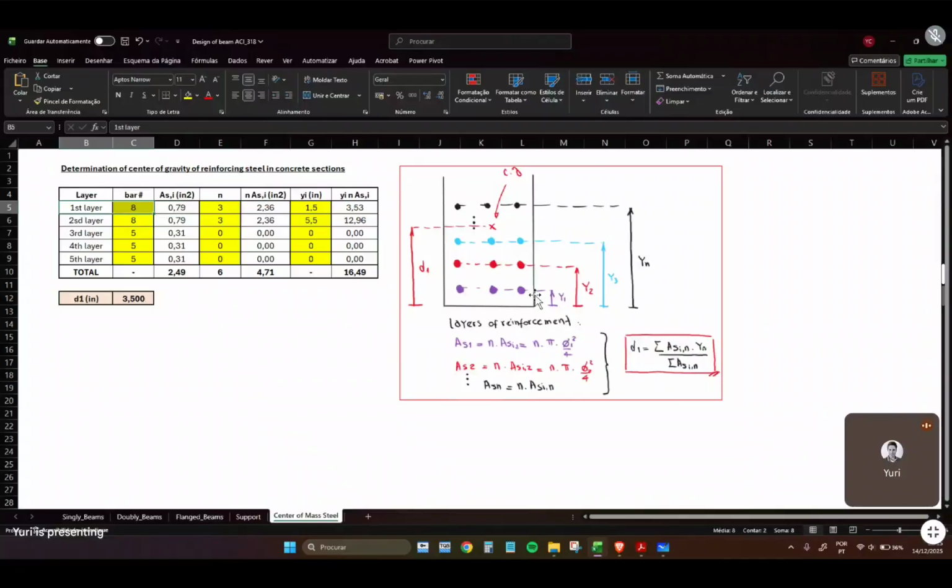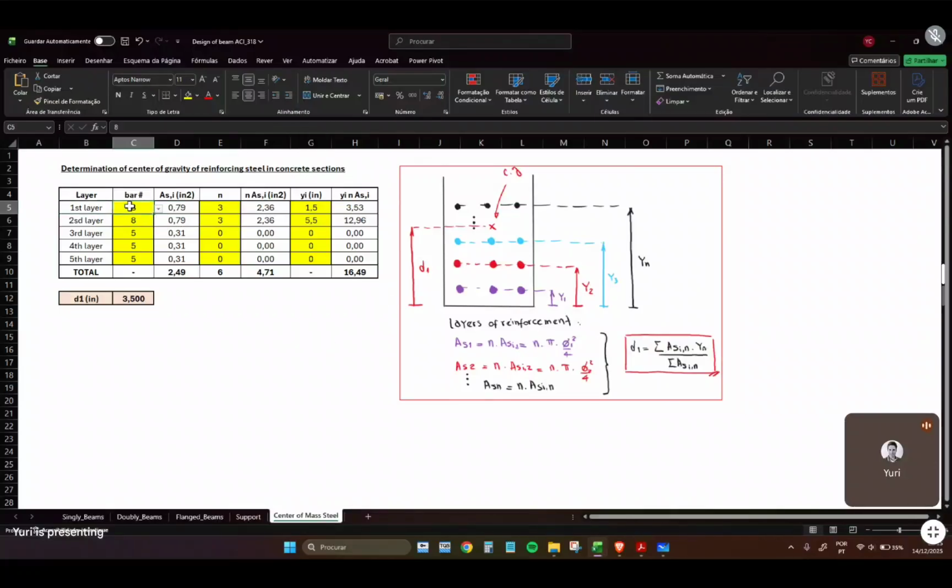Usually in design, we try never to use different cross-section reinforcements in one layer, for example 2 number 10s with a number 8, because it is very tricky to follow on the construction site, and thus it's very simple to use just a single type of reinforcing steel per layer.